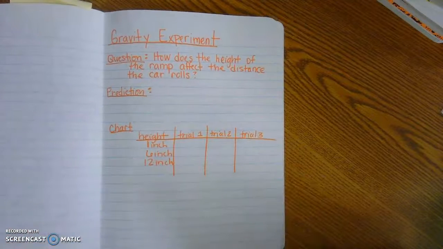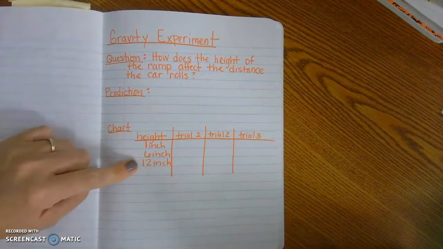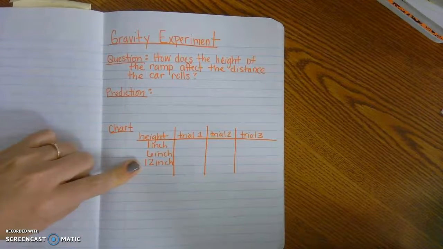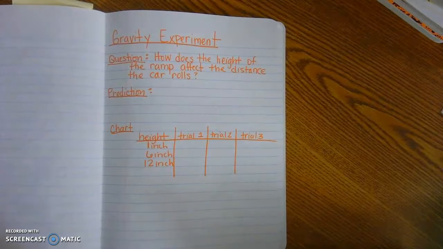So I want you to tell me, for a prediction, let's predict which one will make the car roll the farthest, okay? When making a prediction, I always have my kids write an if-then statement, to make sure your prediction sounds okay.